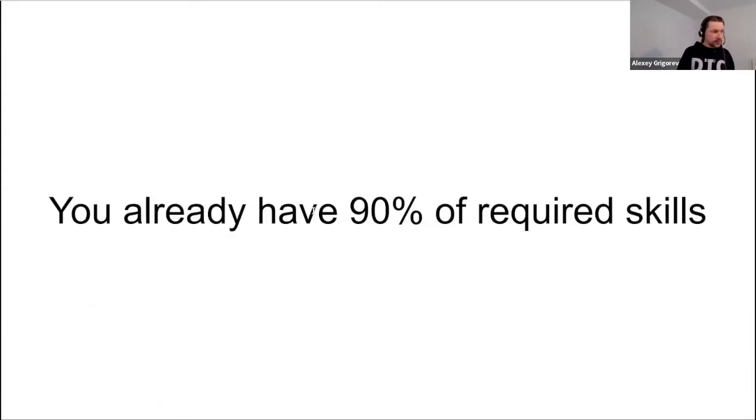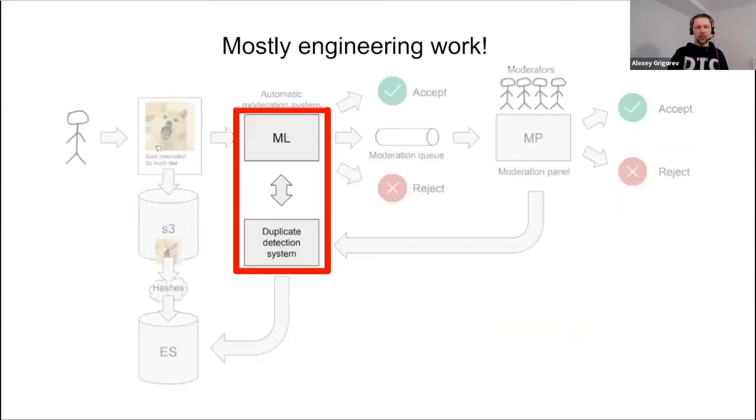And what I wanted to say to you with all these things is that you as an engineer already have 90% of the required skills to do machine learning, because you know how to do all these things around this. So you already know how to, I don't know, use AWS, for example, or use a web framework to design a moderation panel, all that. You already know how to do this.